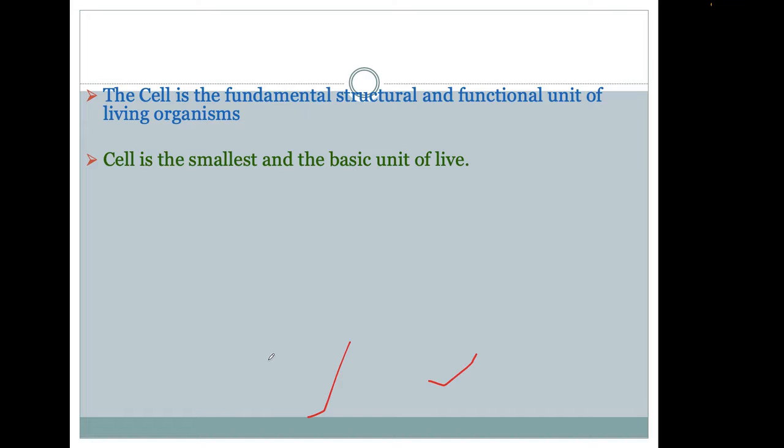Hence, in the modern context, the study of cells not only deals with cell structure and types, but also concerns various cell organelles and their functions, the inheritance of characters, etc. Therefore, the study of the cell in a broad perspective is referred to as cell biology.